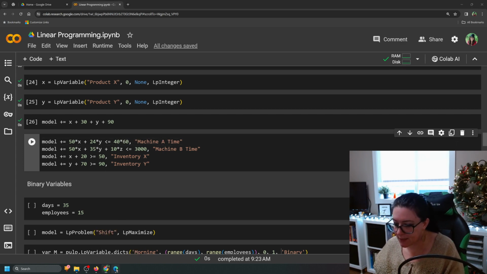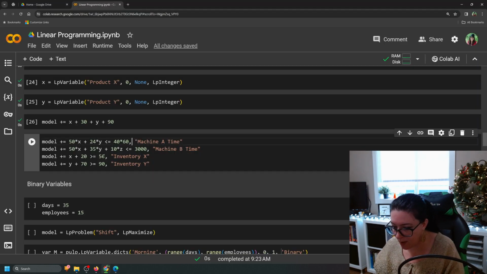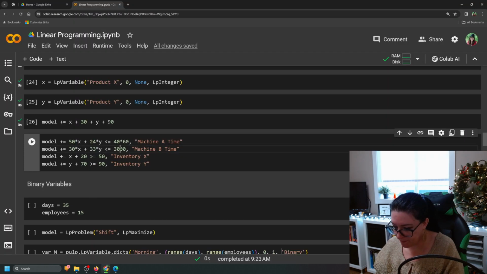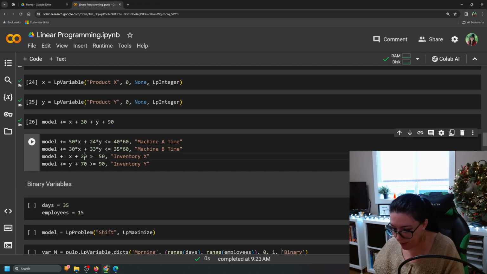All right, our second scenario here, we have machine B, 30X plus 33Y is less than or equal to 35 times 60. Okay, and then the amount of inventory on hand, X plus 30 must be more than 75.